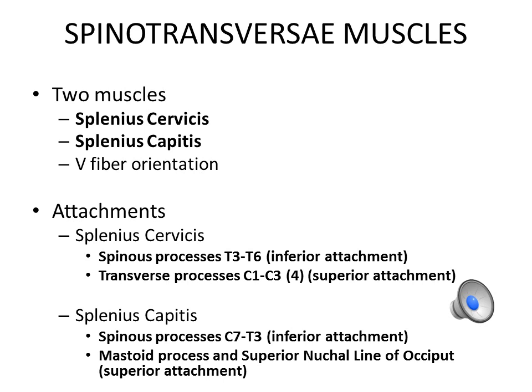Splenius capitis's inferior attachment is the spinous processes of C7 through T3, and this muscle will course superior laterally to the mastoid process and the superior nuchal line of the occiput.